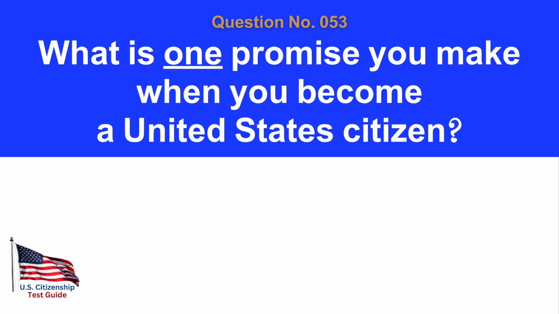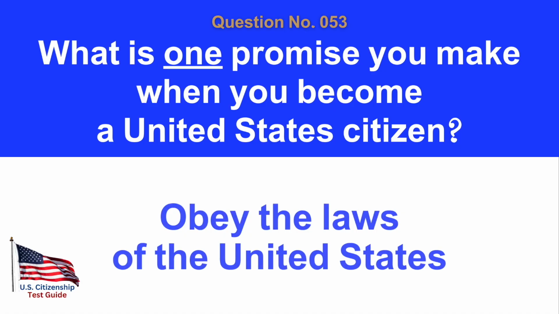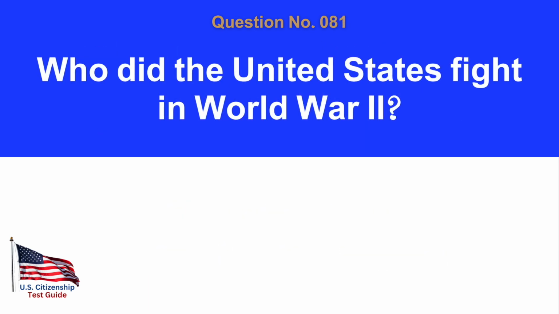What is one promise you make when you become a United States citizen? Obey the laws of the United States. Who did the United States fight in World War II?